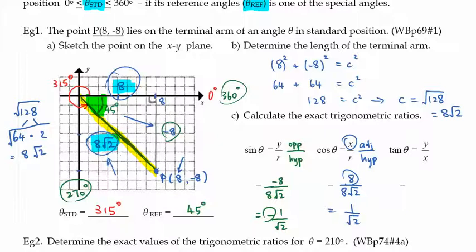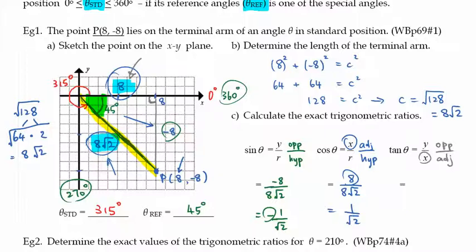In this quadrant, the tangent theta would involve the use of opposite over adjacent. Here is your adjacent on the positive x-axis.